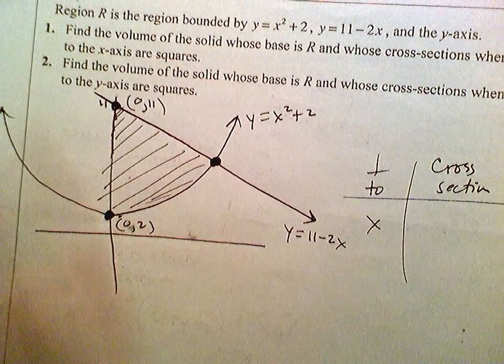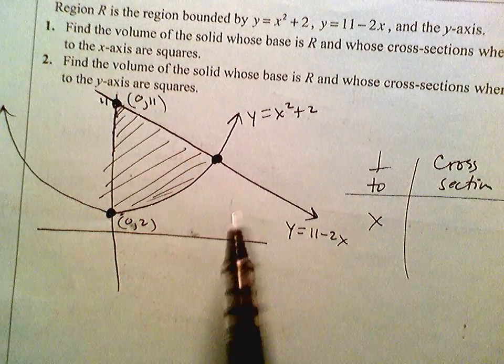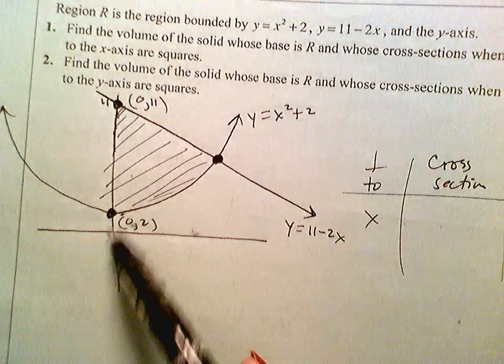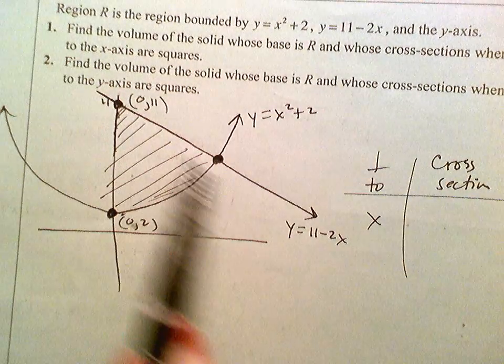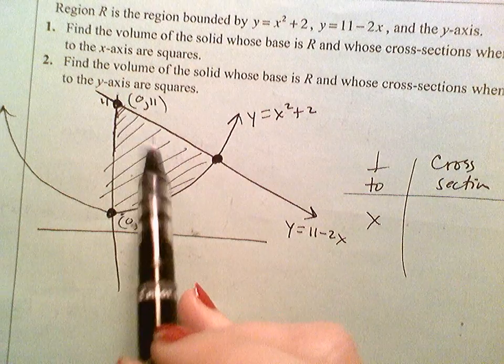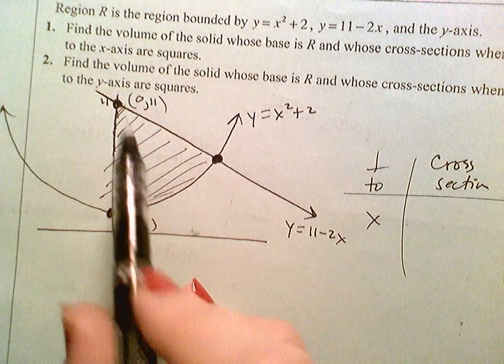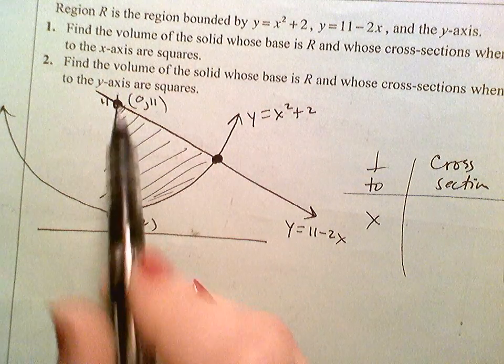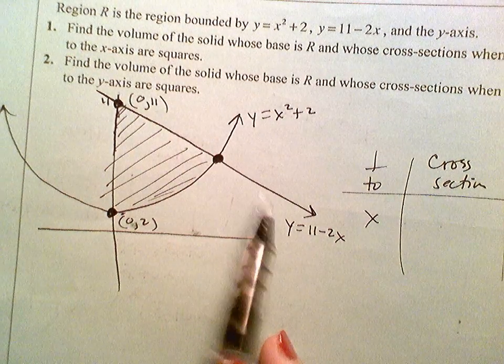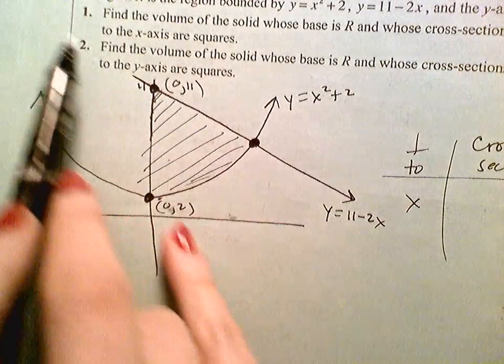Okay, so in the video I just tried, I graphed this by hand because I knew that was a parabola, shifted up 2, and I knew what that line looked like. I was a little bit thrown off because I know that my vertices are going to be formed by the intersections of the y-axis, the parabola, and the line, but really this line would keep going up this way.